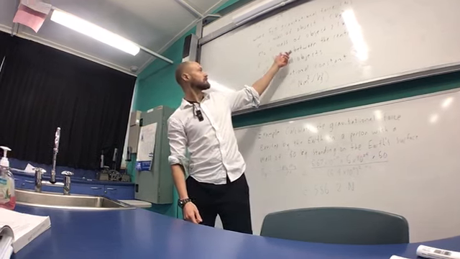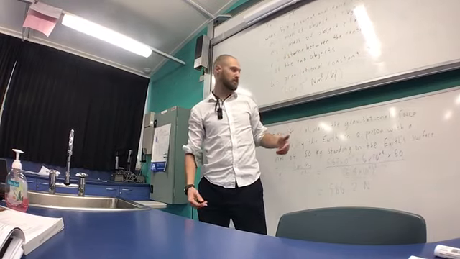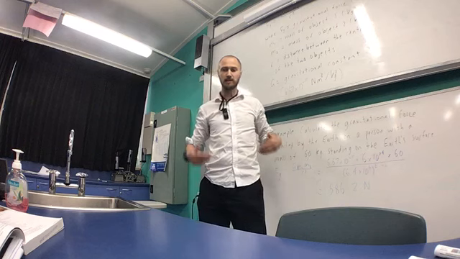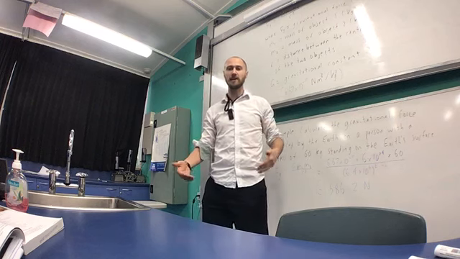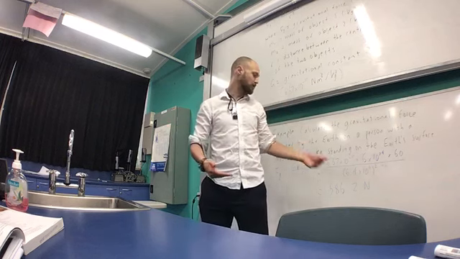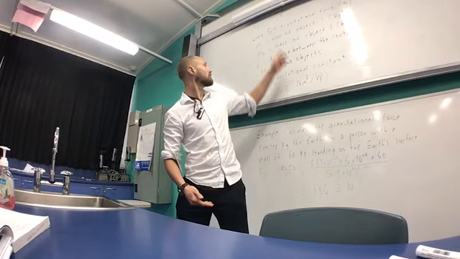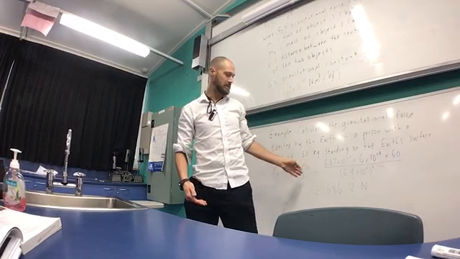But because the definition is between the centers of the two objects, the r value is going to be the distance between the person and the Earth's center. Because the Earth has a radius of 6.4 times 10 to the 6 meters, that's going to be the value that we use for the r in our equation down there.